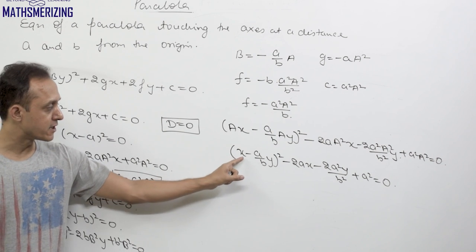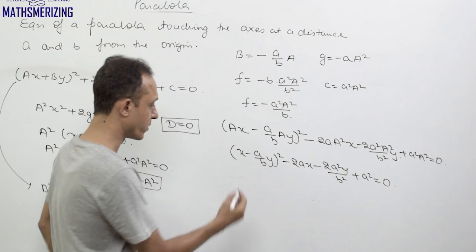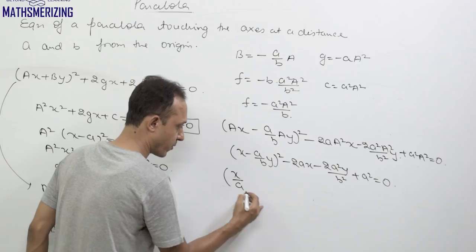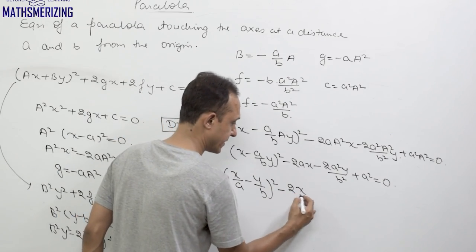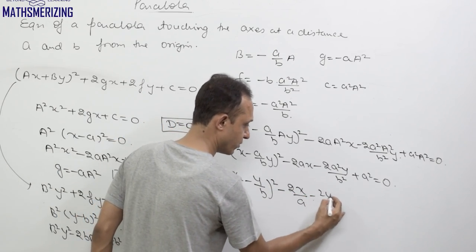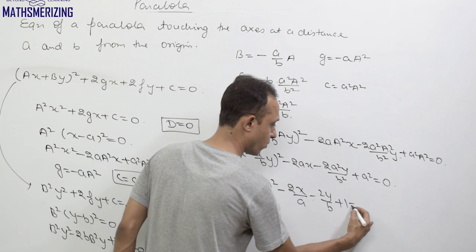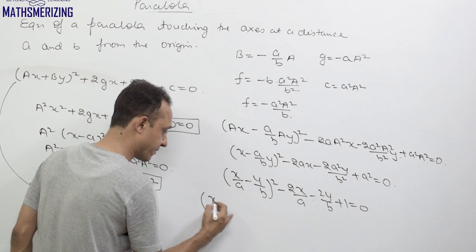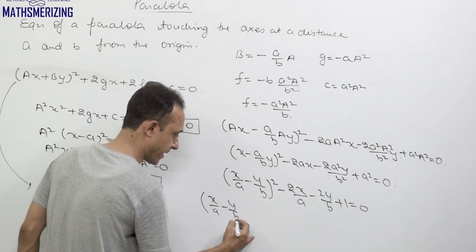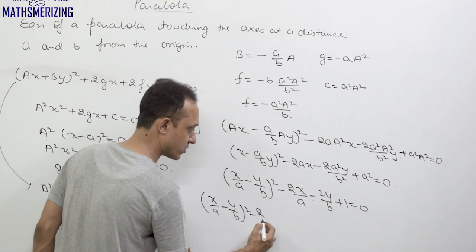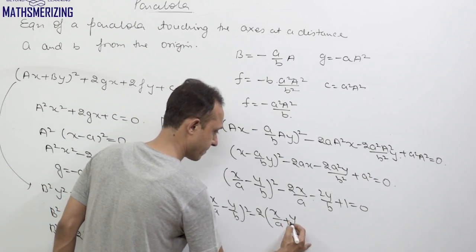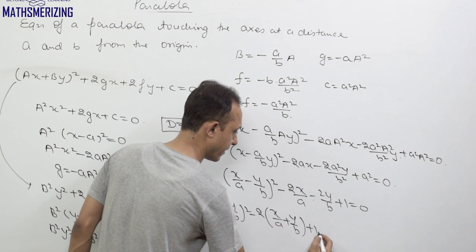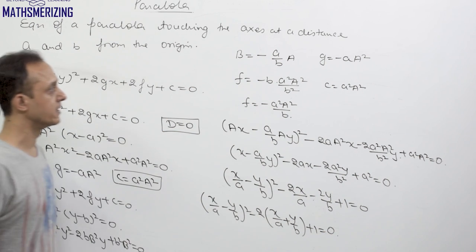Now if we divide this equation with a square, then we can write this equation as x upon a minus y upon b whole square, and then minus twice x upon a minus 2 y upon b and plus 1 equals to 0. So I can write this equation as x upon a minus y upon b whole square, and then minus 2, I'll take common, and then x upon a plus y upon b, and then plus 1 equals 0.